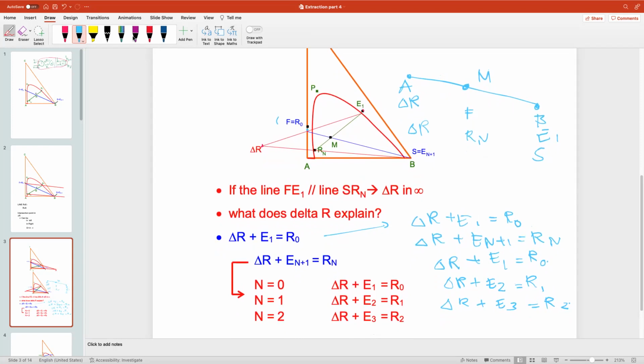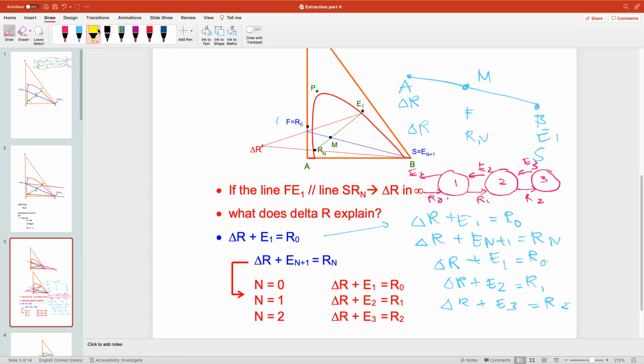In the correlation, maybe I'll just draw a smaller one here. This is stage 1, stage 2, stage 3. So this is E1, this is E2, this is E3, this is R1, this is R2, and this is R0.